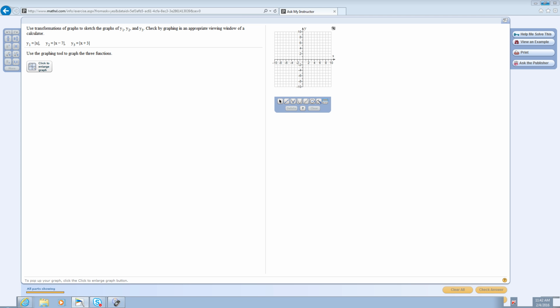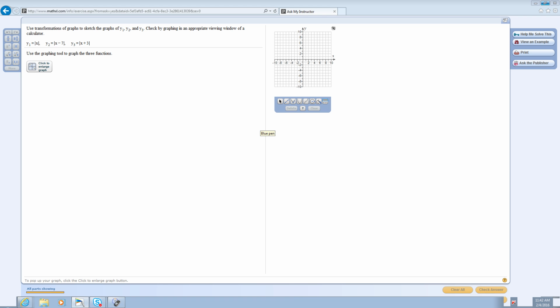There's the absolute value. Now, what does x minus 7 mean? Well, the 7 is in the absolute value mark, so that means it's attached to the x. So that means it's a horizontal shift of 7 to the what? Right. 7 to the right.